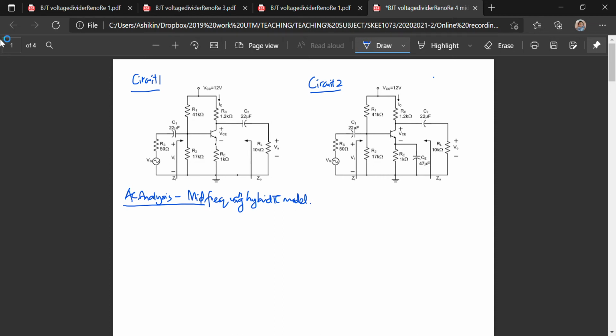So during mid-frequency analysis, what happens to the capacitors, C1 and C2?